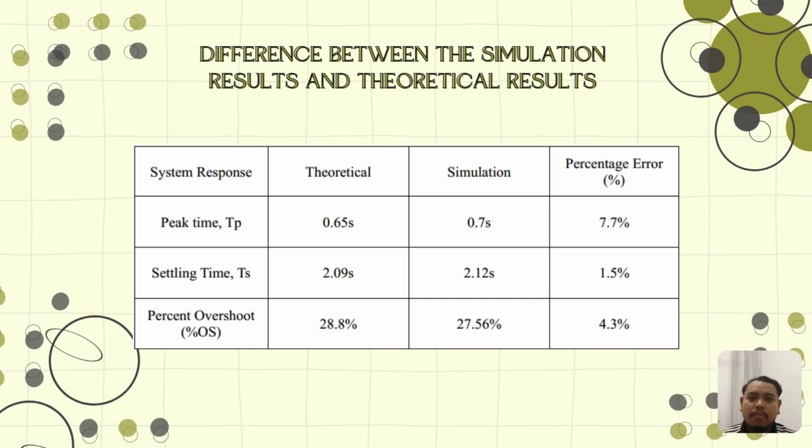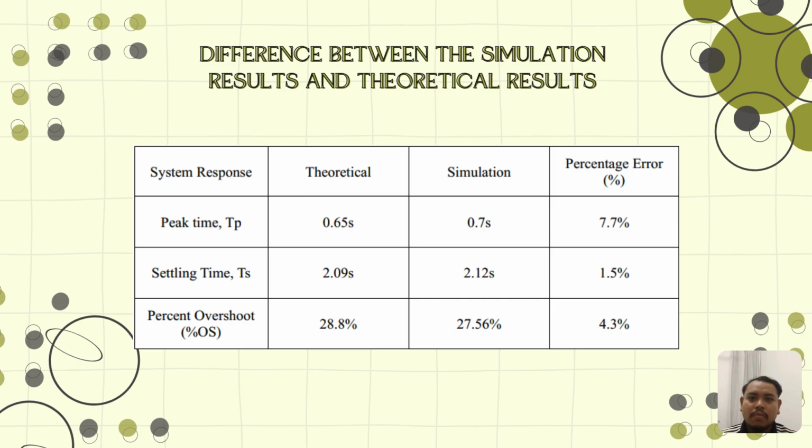And for the percentage overshoot, the simulation value is 23.5%, lower than the theoretical value of 24.4%. The percentage error is only 4.3% difference. And last, the simulation result closely corresponds with the theoretical prediction, confirming the model is correct.